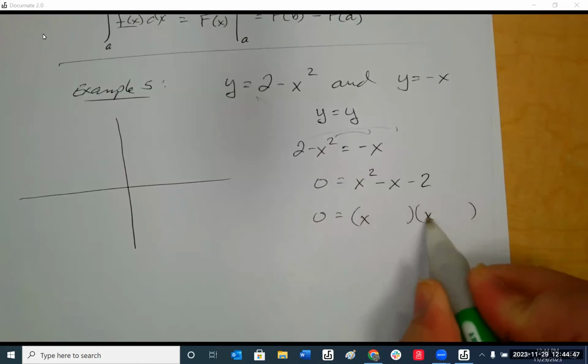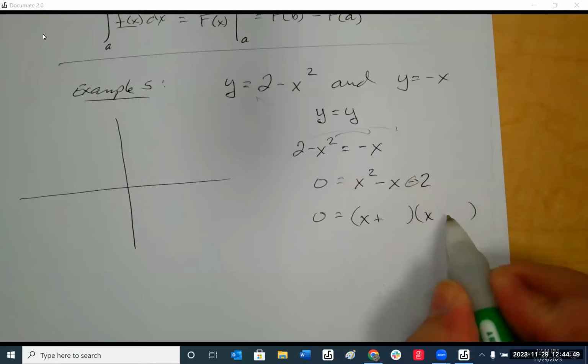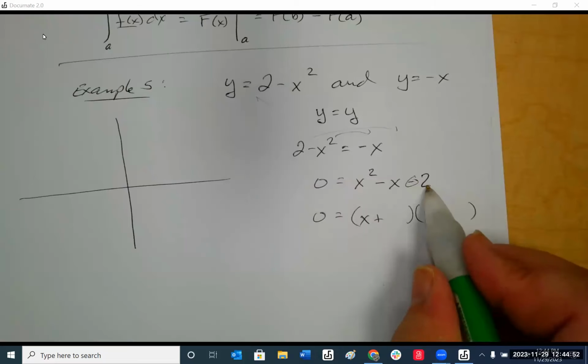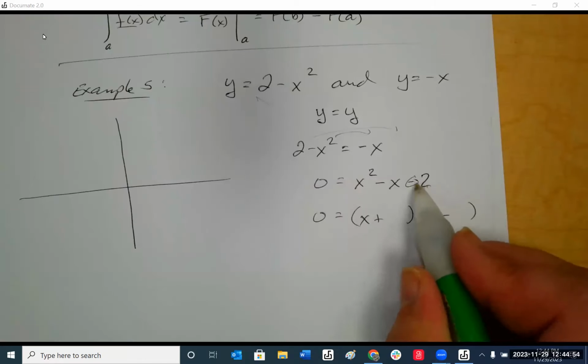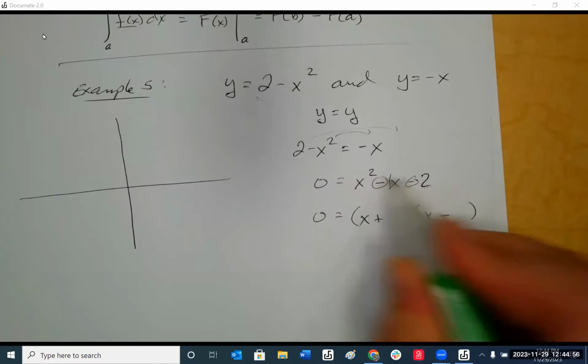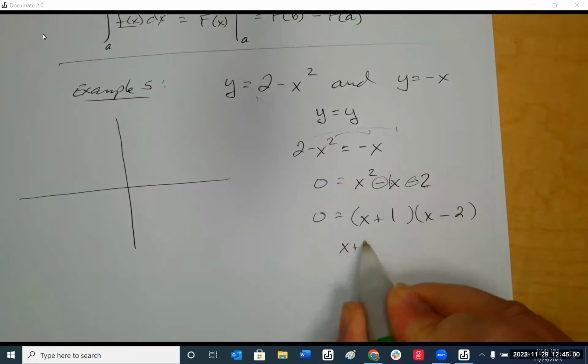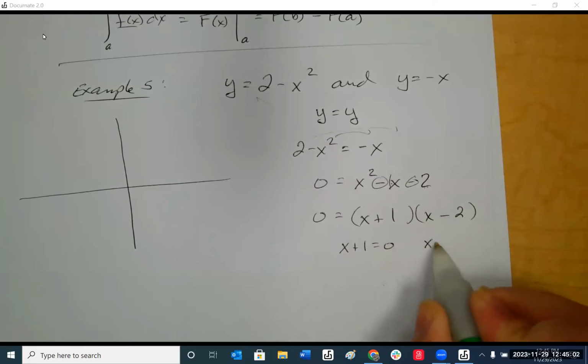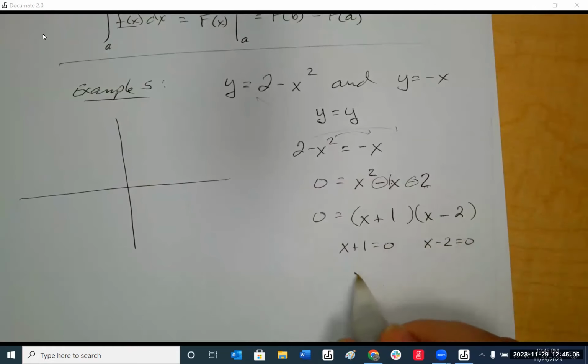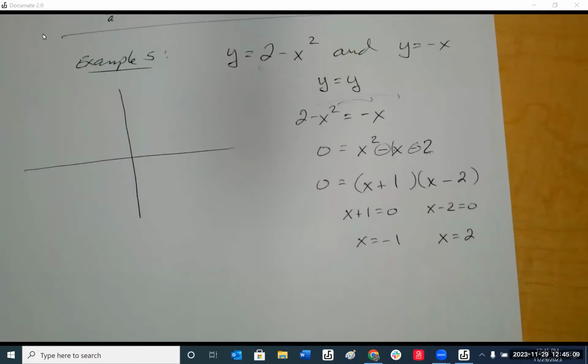And then we factor opposite signs. 2 times 1 is 2, 2 minus 1 is 1. So the 2 goes in the negative. So my bounds of integration are from -1 to 2.